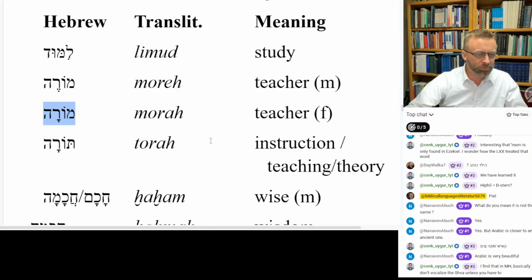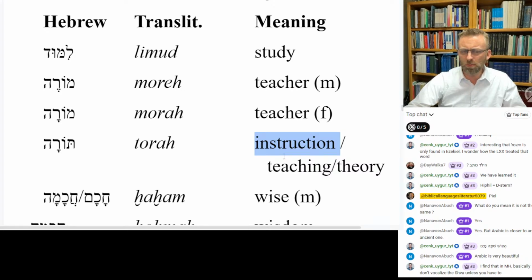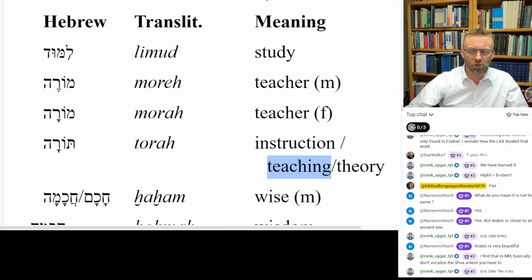Okay. And Torah, I noted here, doesn't really mean law in the Hebrew Bible. It means instruction. And even today, it's used very broadly, not just for the first 5 books of the Bible, but for Jewish learning in general, Jewish religious learning and so on. But it's also used in modern Hebrew to mean a theory.